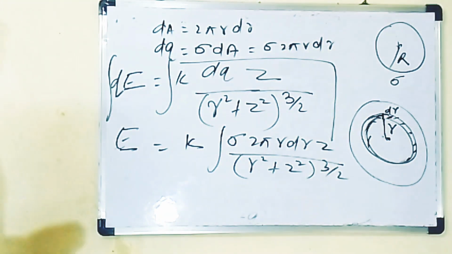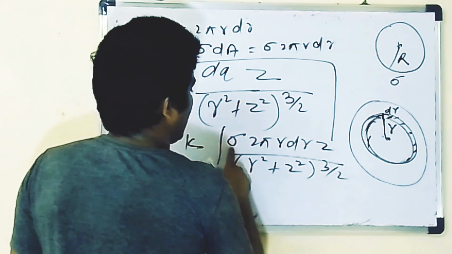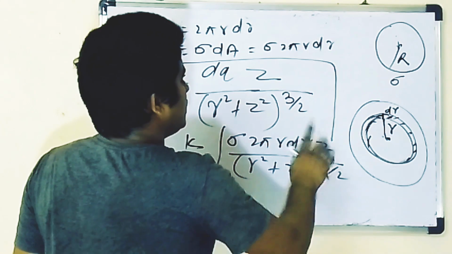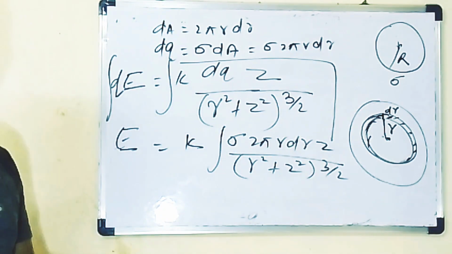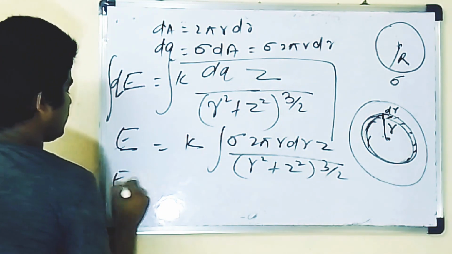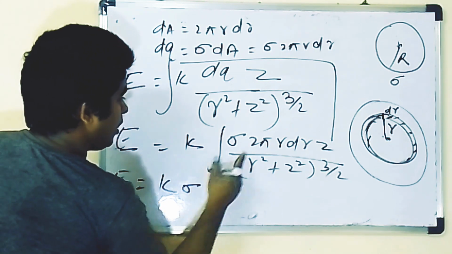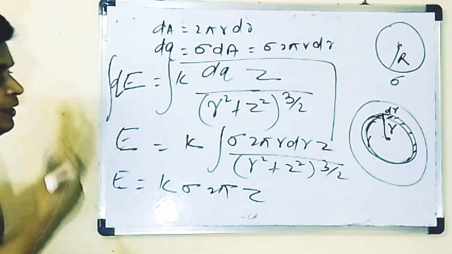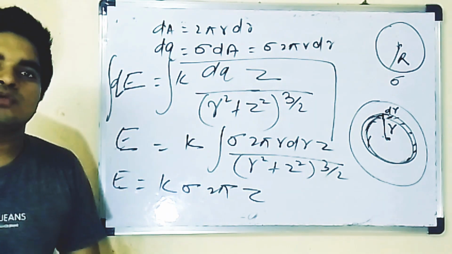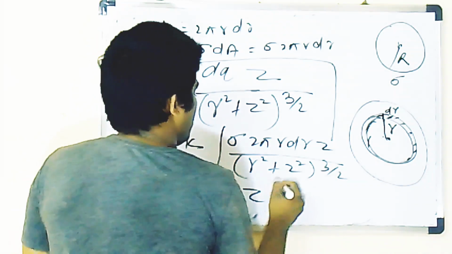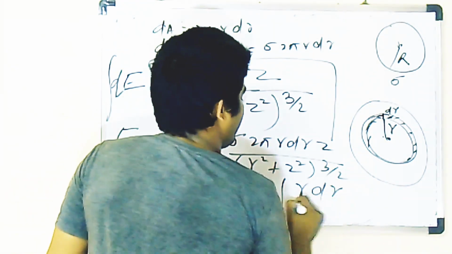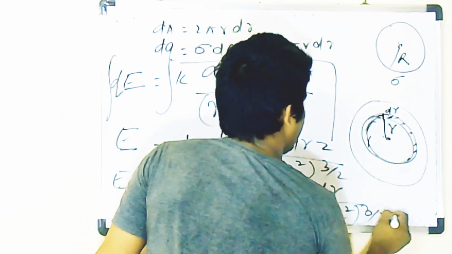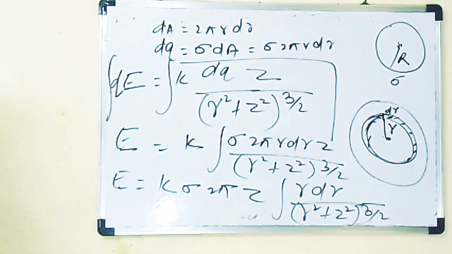Now take sigma outside, 2 pi outside, z also outside. So electric field equals k sigma 2 pi z times integration of r dr divided by r square plus z square power 3 by 2.